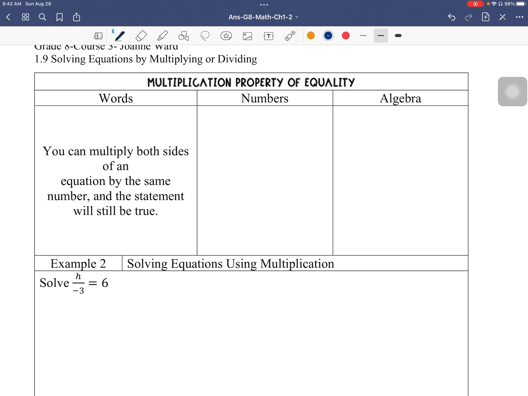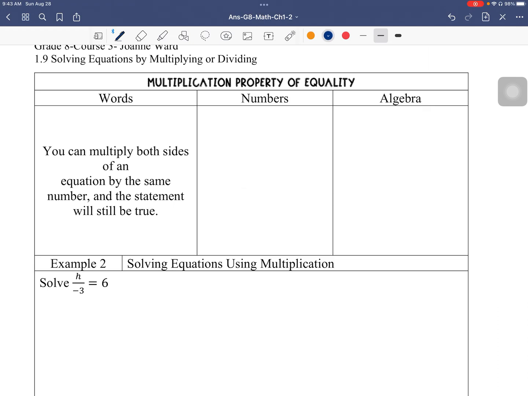Secondly, I want to talk about the multiplication property of equality. We can multiply both sides by the same number and the equation will still be the same.